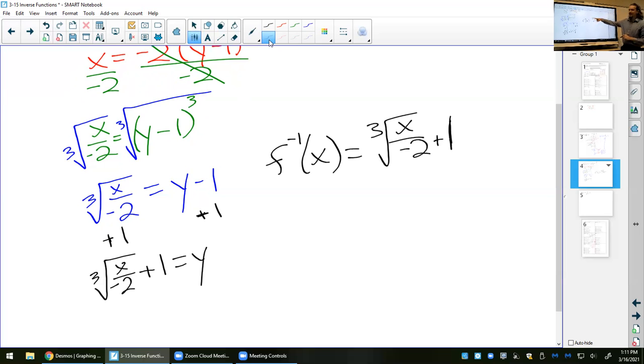Okay, that's one way to write this. Since it's an odd root, I can take the third root of not -2, but of -1. So I can take the root of that negative, so I can write this as negative the third root of x over 2, plus 1.